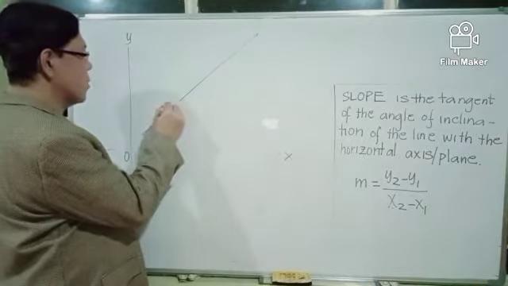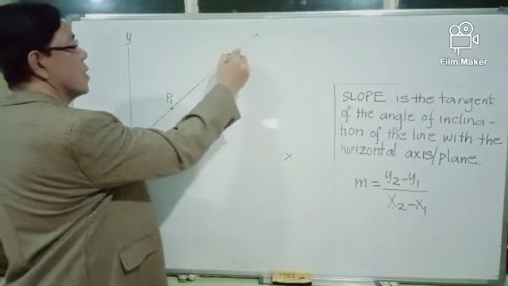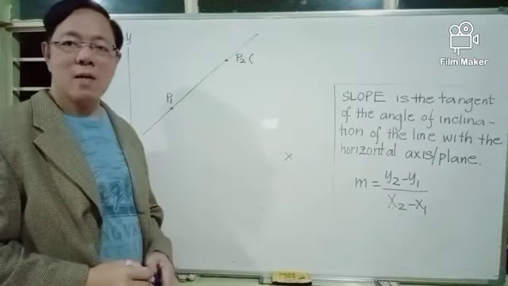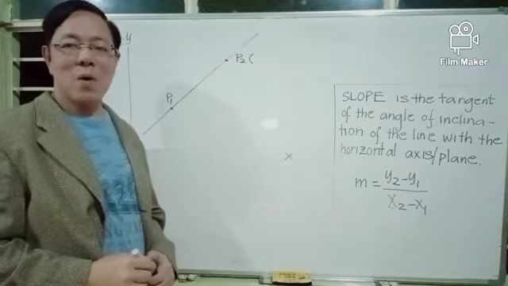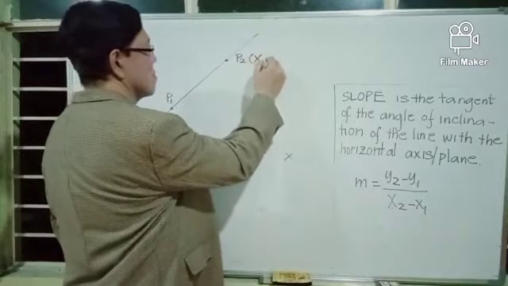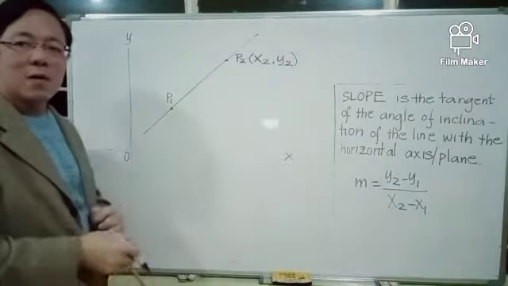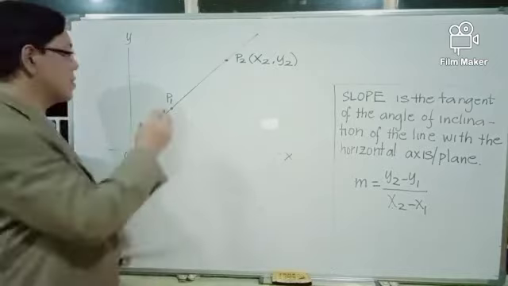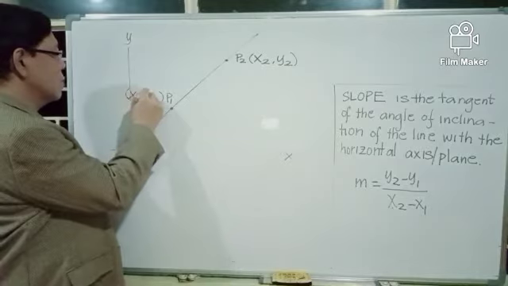We let this be point P1 and we let this be point P2. And each point has two coordinates. For the point P2, we denote the coordinates by x2, y2. For the coordinates of the point P1, we denote them by x1, y1.